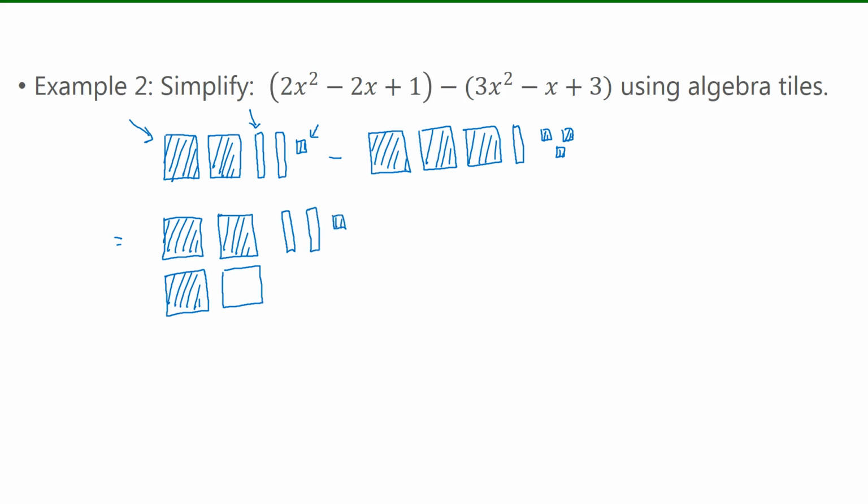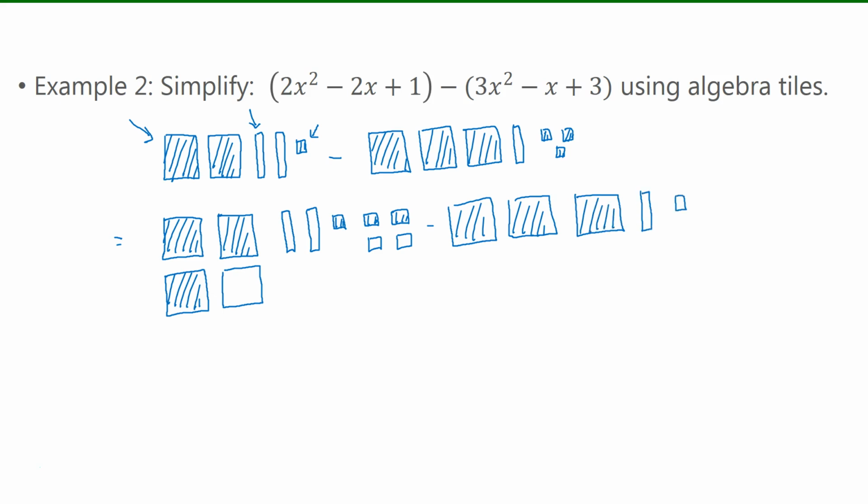I got my 1 positive 1, but I needed to add 2 0 pairs. So now I have enough tiles that I can take away my 3x squareds, my negative x, and my positive 3.